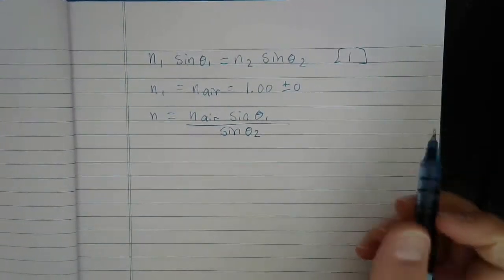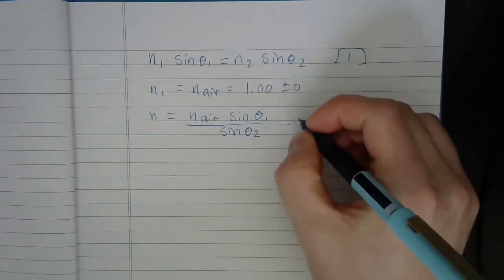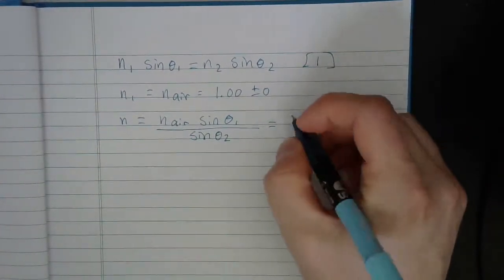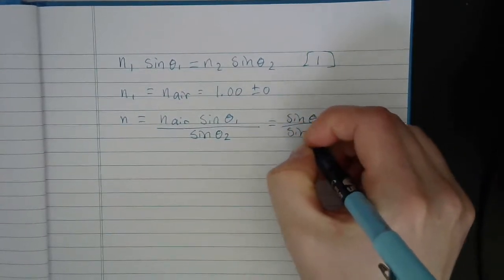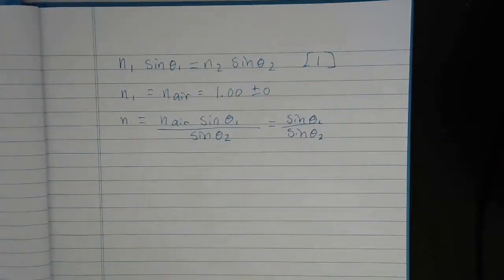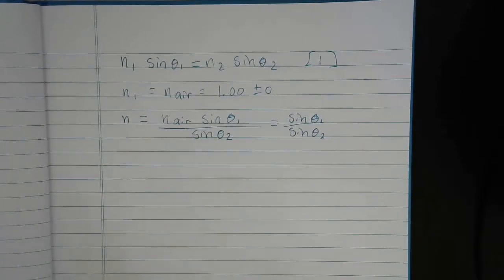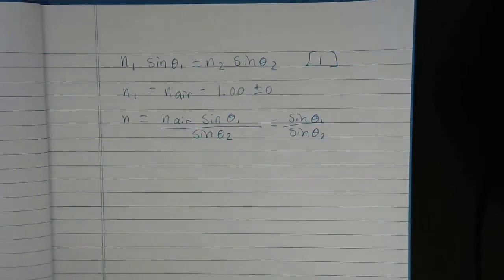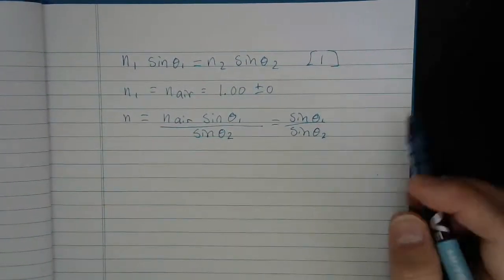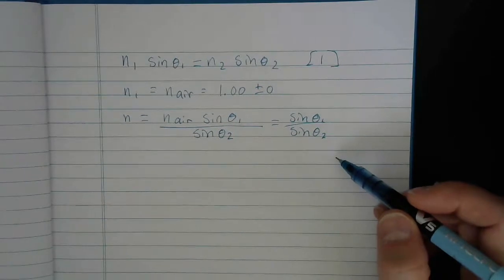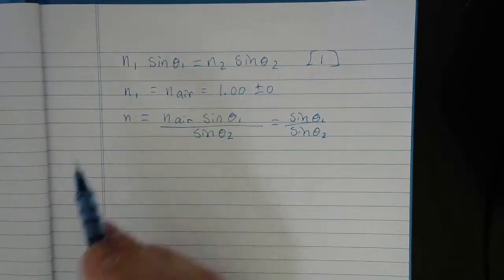Now we can further simplify this because we know that n air is equal to 1, so this just simply gives us sine theta 1 divided by sine theta 2. So in your experiment, you're going to use the measurements of the angle of incidence, theta 1, and the angle of refraction, theta 2, to calculate your value of the index of refraction.